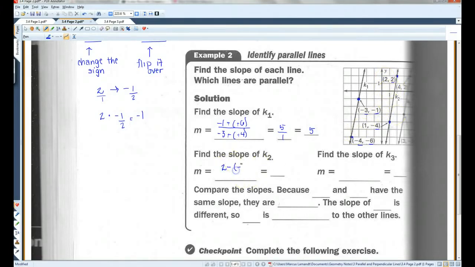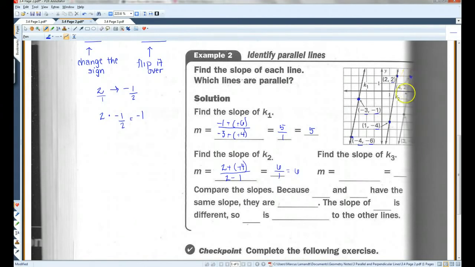So 2 minus -4. And because I started with 2, I need to make sure I have 2 first on the bottom. So 2 minus 1. Becomes positive. 2 plus 4 is 6. 2 minus 1 is 1. So this is 6.